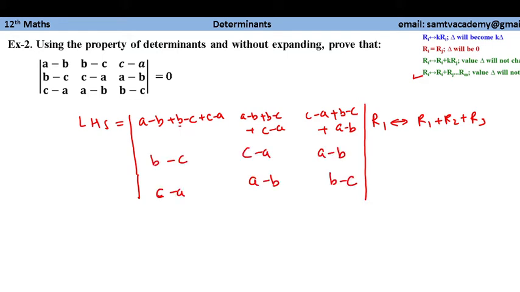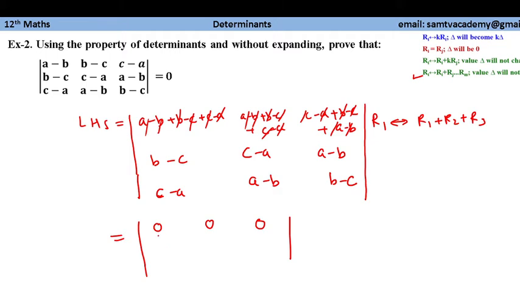Now we see that all these terms get cancelled out, C A and here also B C A, here also A B C. So here the determinant will become like this, with the whole first row becoming 0. As we know, if any row or any column of a determinant is 0, then the value of that determinant is 0.